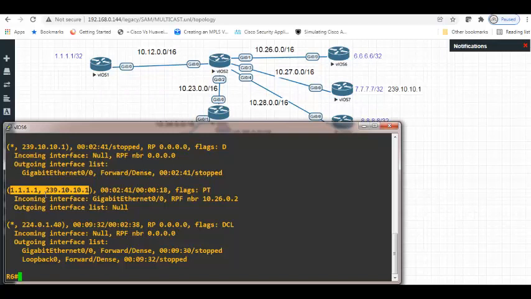This is unnecessary buffer utilization, process utilization. When R6 is not a member of this group and doesn't have anyone to receive the traffic for this group, why does R6 need to know this? Flooding and pruning is not good.